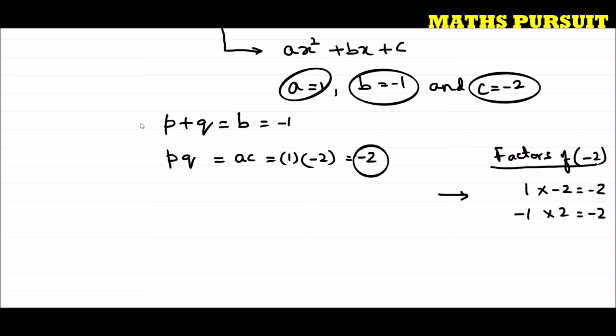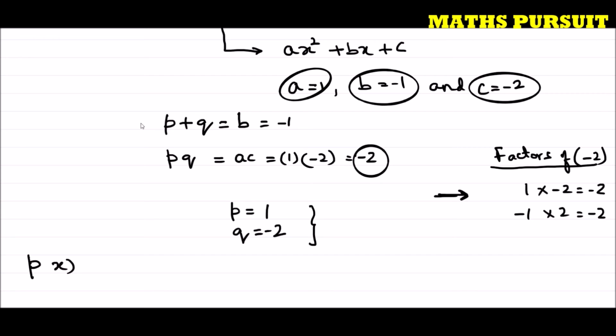If I multiply 1 into minus 2, I am also getting minus 2. So this satisfies our original condition. That means I can easily say p is equal to 1 here and q is equal to minus 2, or you can say p is equal to minus 2 and q is equal to 1. Anything guys you can consider, but I am considering p is equal to 1 and q is equal to minus 2.